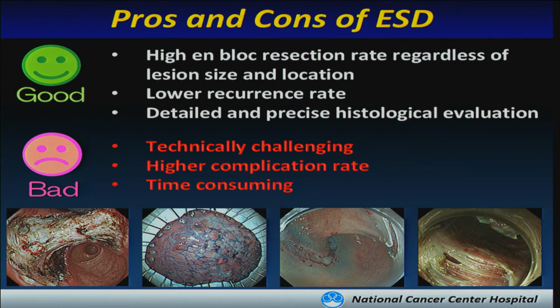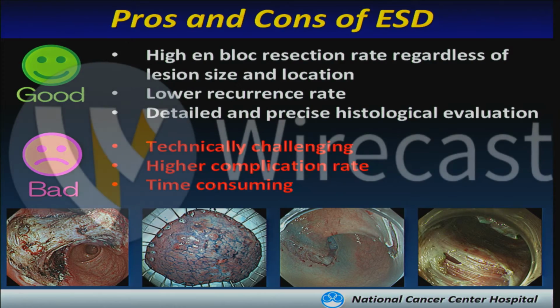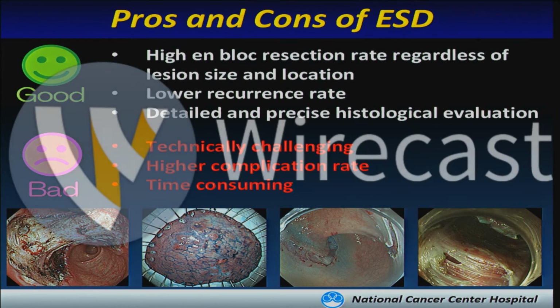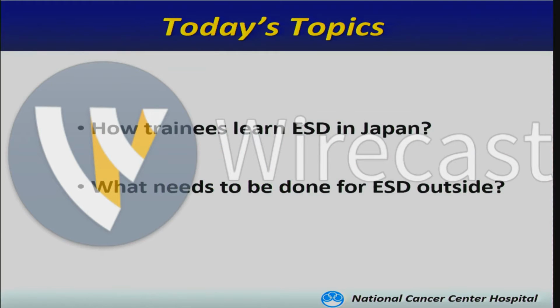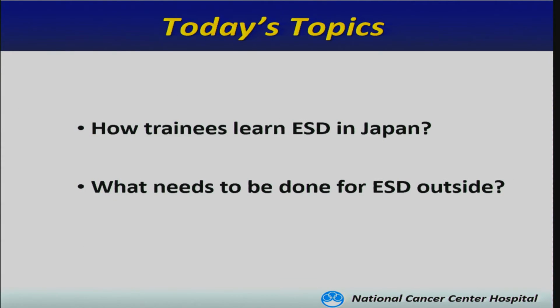So needless to say, an efficient and appropriate training system is required to master ESD safely. So today my talk is about how trainees learn ESD in Japan, and also what needs to be done for ESD outside.